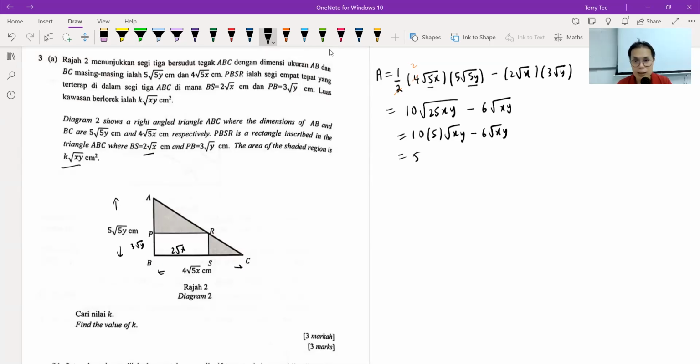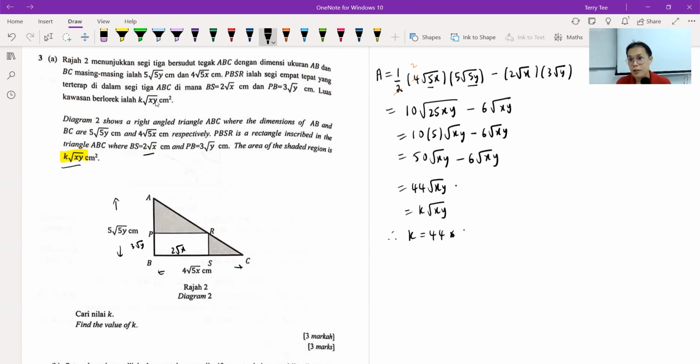So this is 50 surd xy minus 6 surd xy. Answer is 44 surd xy. And from here, we just compare, because you're supposed to find the value of k, given that the area is k surd xy. Therefore, in this case, your k is just 44. All right?